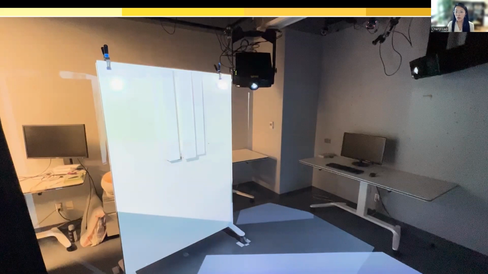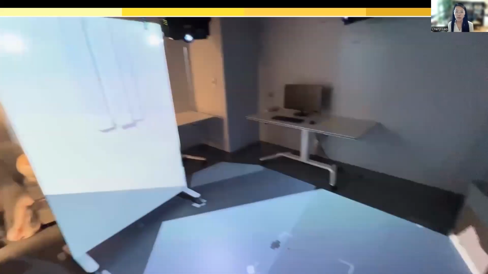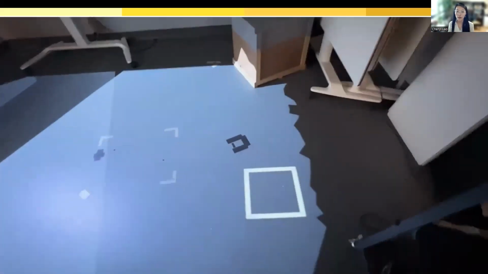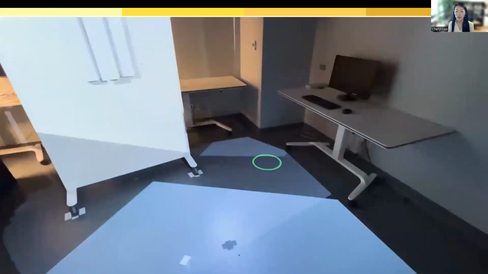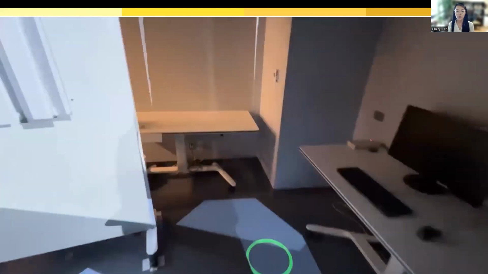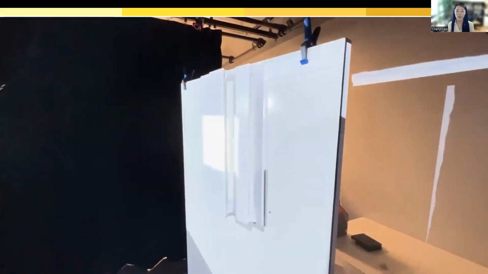So let me play a video to show what the SAR condition of this experiment would look like from the participant's perspective. The participant's location is tracked using Vicon trackers on a hat, and keyboard inputs trigger the next trial.